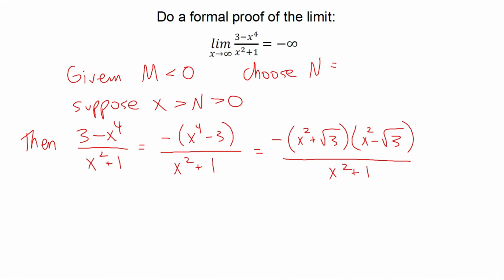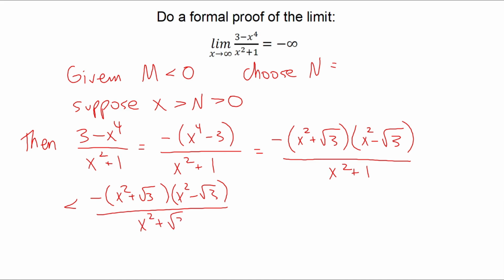And so if we think about how to do that and which one is actually going to work, the one that's actually going to work is the x squared plus root 3, right? Because I want to show that this thing that I have here is less than something else. And so what we've got, the opposite of (x squared plus root 3) times (x squared minus root 3), is less than the same numerator with an x squared plus root 3 down here.